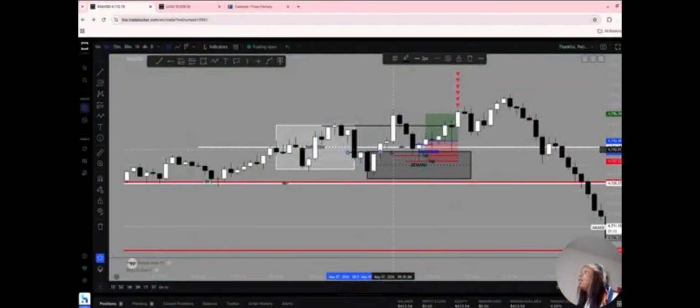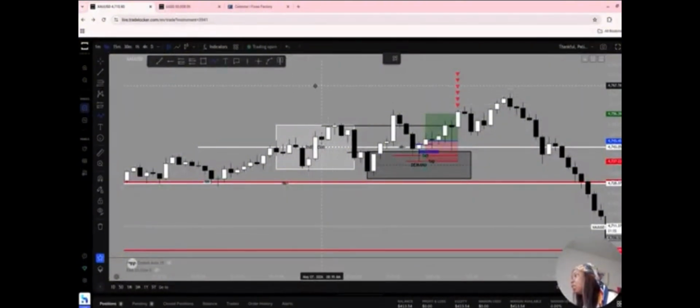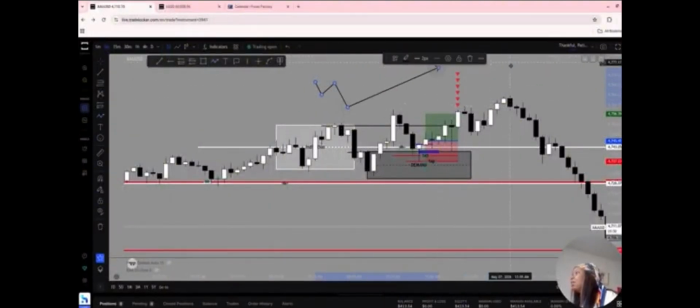Now for the demand zone, I'm just waiting for price to tap into my zone. So remember how I was showing y'all earlier that on the lower time frame, this is what you see. Let me draw it actually on a thing. Hold up. That will make better sense.